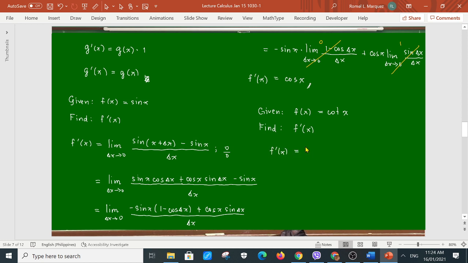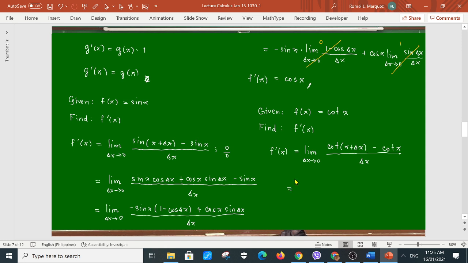That is the limit as delta x approaches 0 of f of x plus delta x, which is cotangent of x plus delta x, minus f of x, which is cotangent x, all over delta x. Okay? Equals.